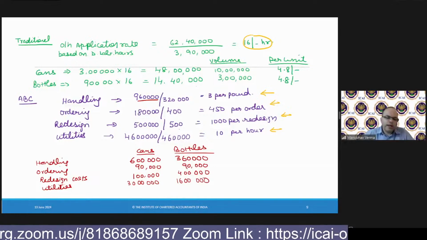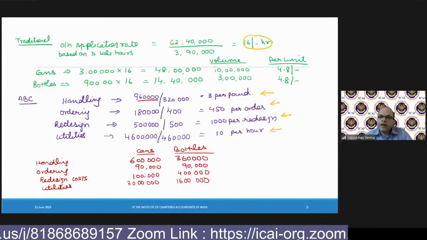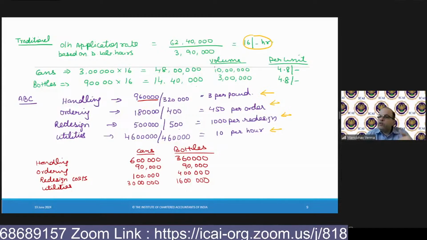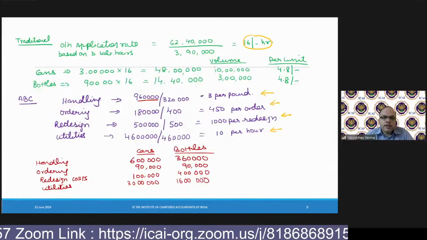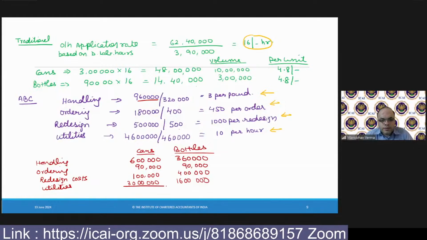So we have allocated these overheads now, guys, based on the activity-based mechanism. Now we need to see how does this get absorbed into per unit of the product. So let's total these for respective products here, cans and bottles.